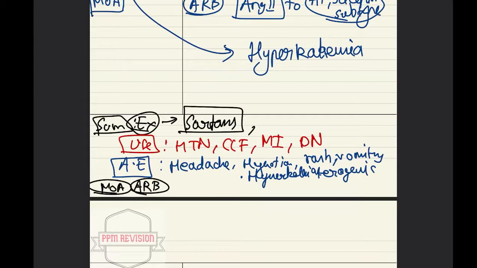It completely inhibits the binding of angiotensin 2 to the AT1 receptor subtype. So the angiotensin receptor blockers act on the angiotensin receptor subtype and block it, so it prevents its effect, and that's how it is.